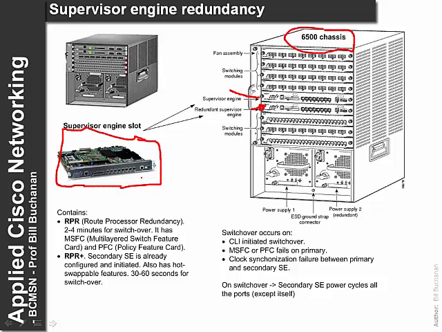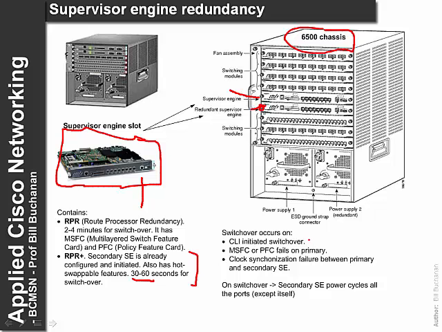The switch engine itself contains route processor redundancy, where we have about 2 to 4 minutes for a switchover. It has a multilayer switch feature card and a policy feature card. It's also possible to get a faster redundancy system with RPR Plus, where we can have 30 to 60 seconds for the switchover.